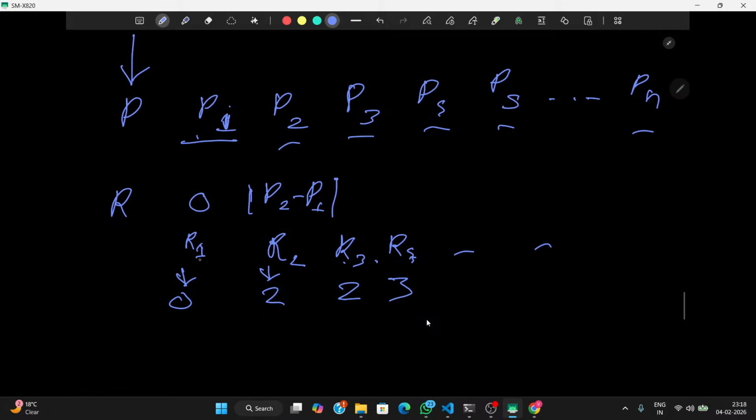So if R1 is 0, then to maximize the max, we need R2 to be 1. R2 cannot be 0 because if R2 becomes 0, then P2 and P1 will be equal, which is not the case here as all the elements are distinct. So to maximize the max, we want R2 to be 1, right?